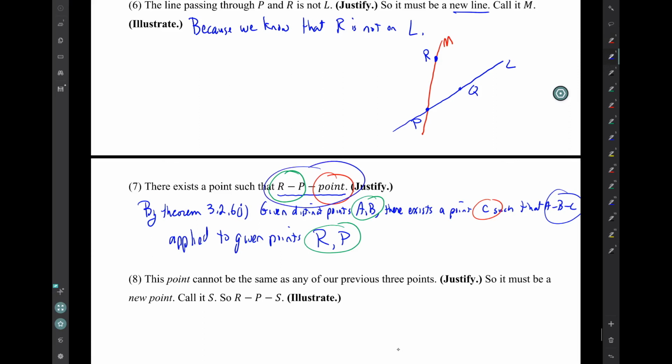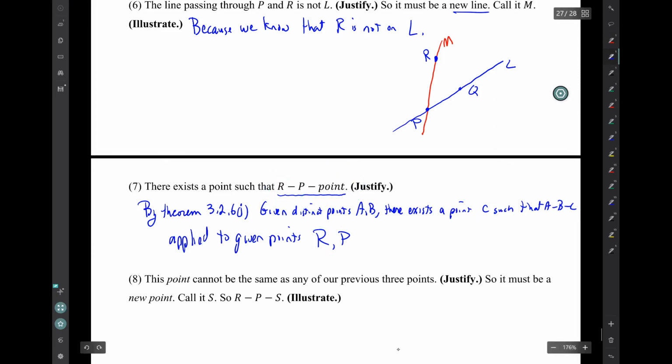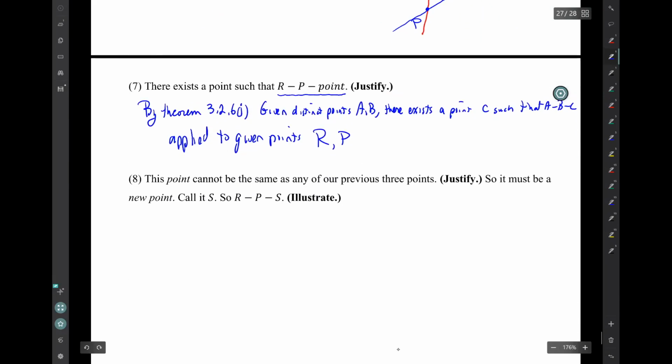Well, because I have to make sure that we know how to name it correctly. That is, do we already maybe have a name for it? Well, that's the idea behind step 8. This new thing that I'm for now just calling point, we have to make sure that it cannot be any of our previous points.